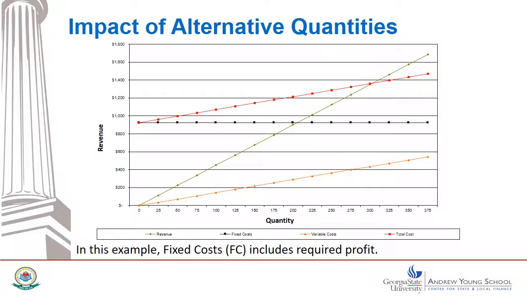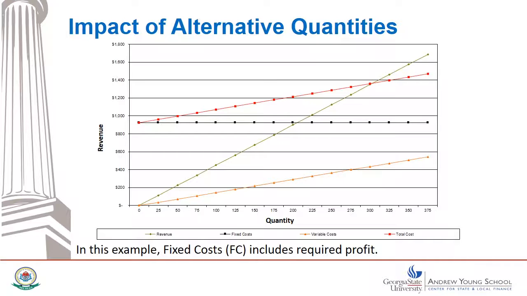A common graphing method is to plot alternative quantities used in the formulas, essentially baking different quantities of pies. Our fixed costs of 925 stay the same regardless of the quantity level, so the solid black line is plotted across the graph. Total revenue, or TR in the prior formulas, increases as the set price is multiplied by different quantity levels.